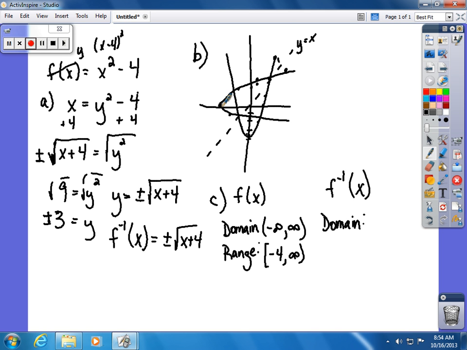If you figure out domain and range for your original function, if the inverse exists, it will be the same domain and range as your original function, but flipped. So whatever the range was is now the domain for your inverse function, and whatever the domain was is now the range.